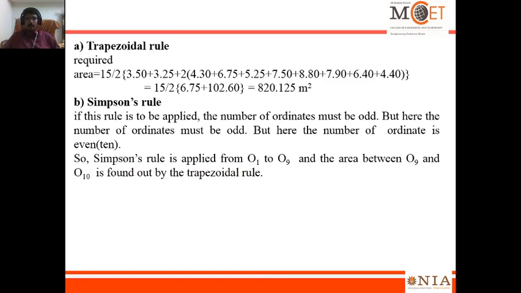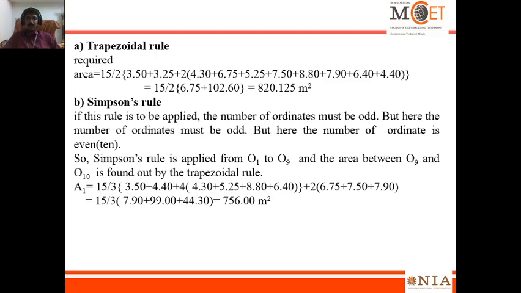So up to 9 ordinates we apply Simpson's rule, and for the last portion O9 to O10 we apply the trapezoidal rule. We add those to get the total area, right? First, A1 is the area from O1 to O9, so d by 3 Simpson's rule, first plus last ordinate, here the last ordinate is O9, plus 4 times even plus 2 times odd ordinates, gives the area as 756.00 meter square.